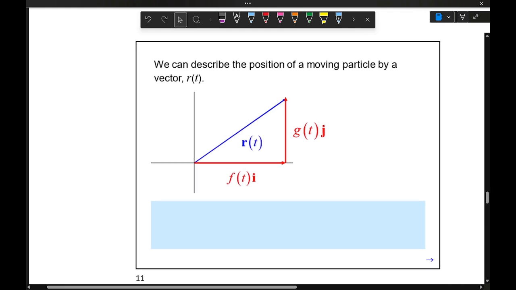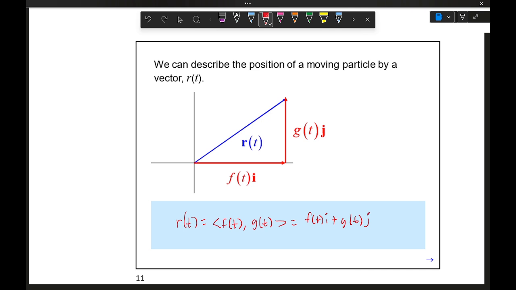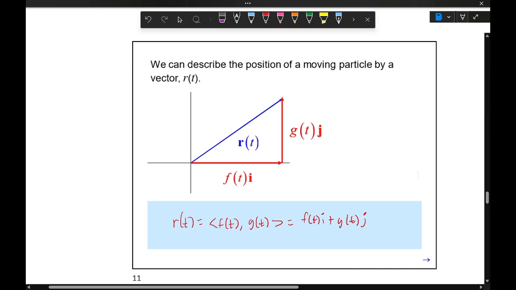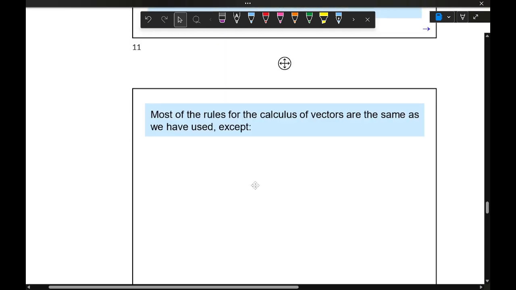And so this function to describe a particle, r of t, is usually in a vector form. Later you'll see a vector symbol being used there, but you don't need to put it there for now. You can call the components f of t and g of t, but you can also just write this as f of t times i plus g of t times j, so that we don't need this vector form and it's just written as a linear combination.